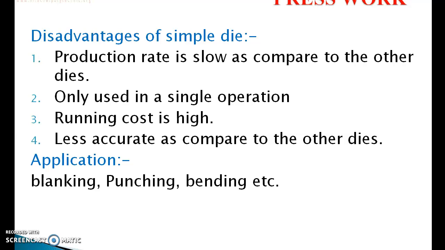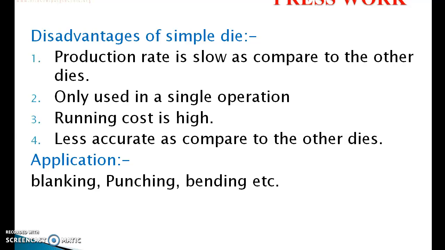Number 2, it is only used for a single operation as per the definition. Number 3, running cost is also high in the case of simple die. Number 4, less accurate as compared to the other dies. So these are the disadvantages of simple die.